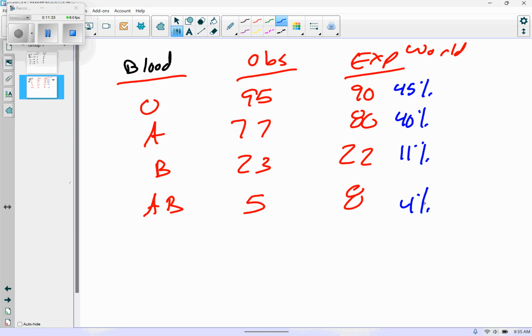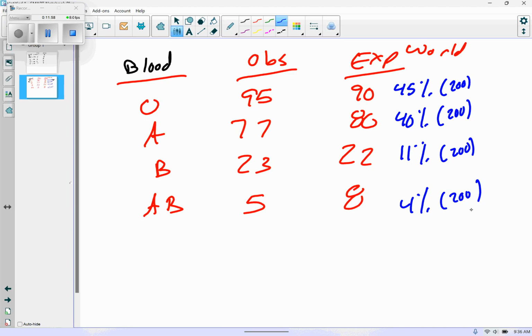So if we were to do all these, you'd multiply 45% times 200, and let me just verify that our number is right. Yes, it is right. Okay, so what they're doing, these were the percentages, the 45, 40, 11, and 4%.